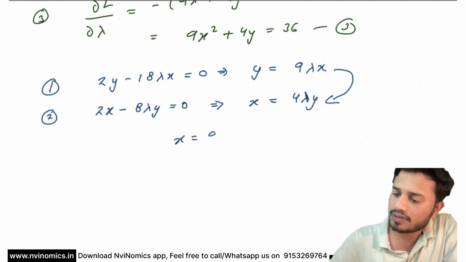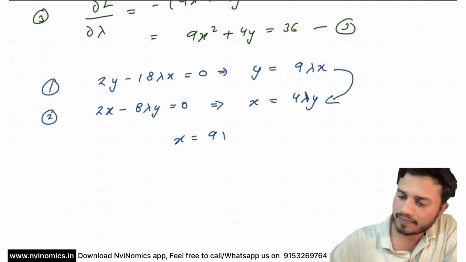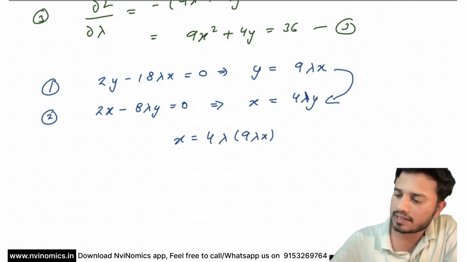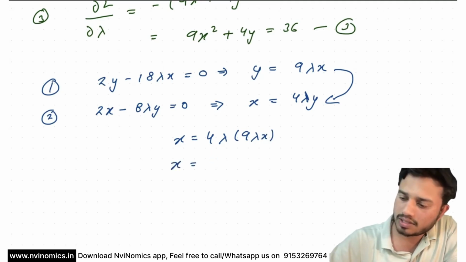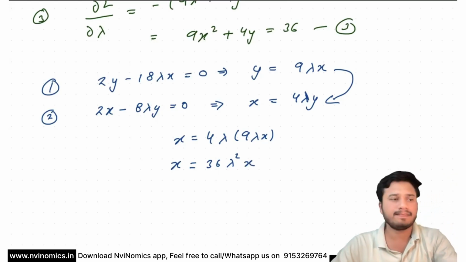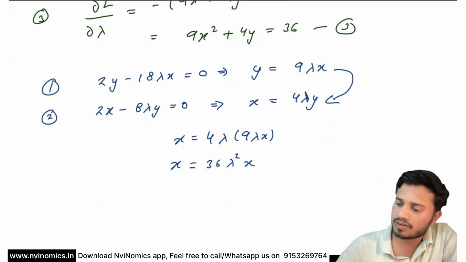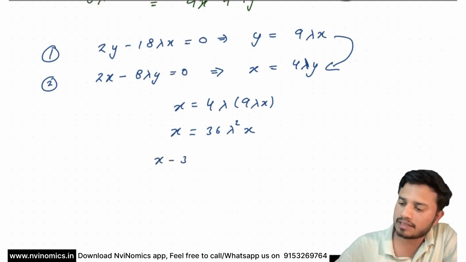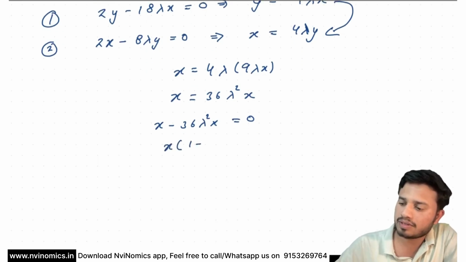So x will be equal to 4 lambda y, replacing y with 9 lambda x. So x will be equal to 36 lambda square x. So this will be x minus 36 lambda square x equals to 0, and then x times (1 minus 36 lambda square) equals to 0.